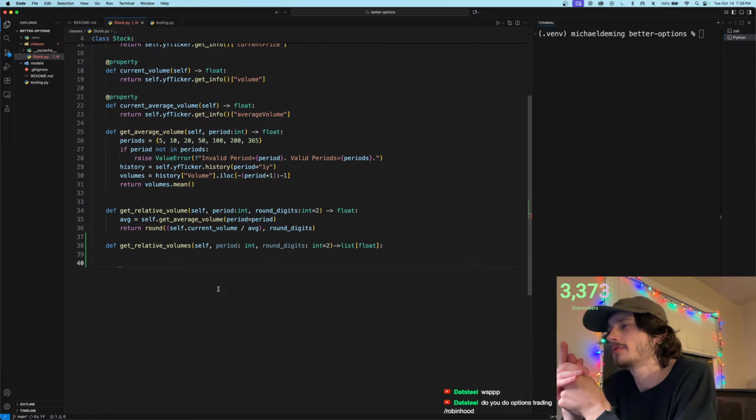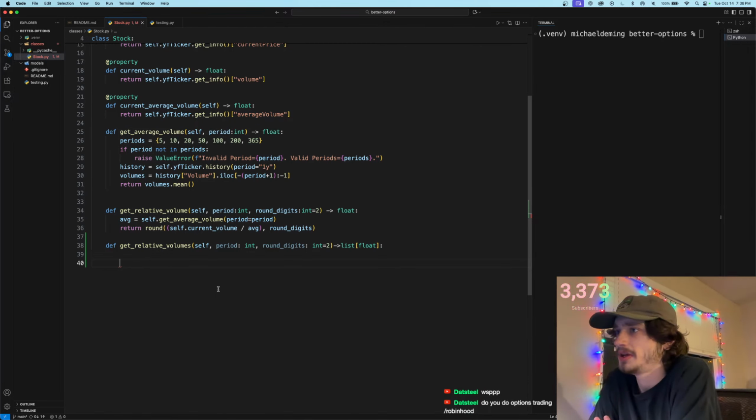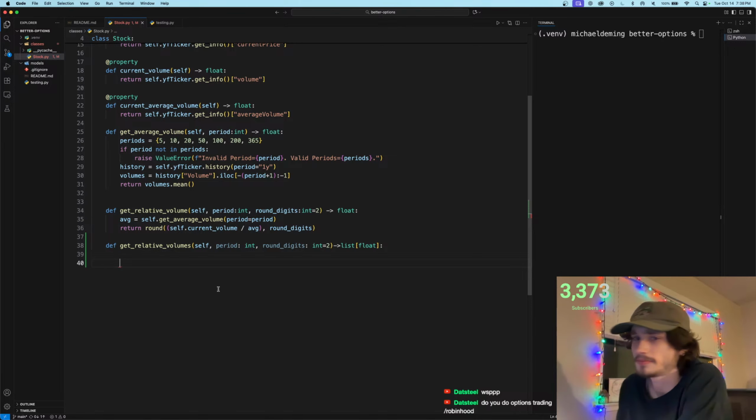But that's volumes. This equals the history of volume. And you take the mean of volumes to get the average volume. And then the get relative volume is self.get average volume over the period.